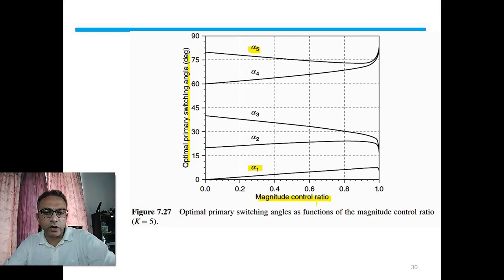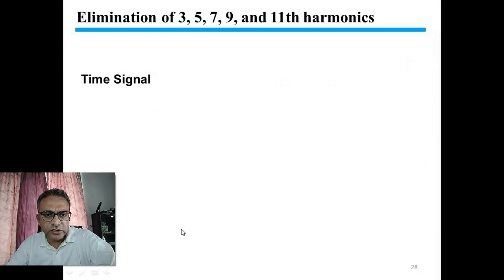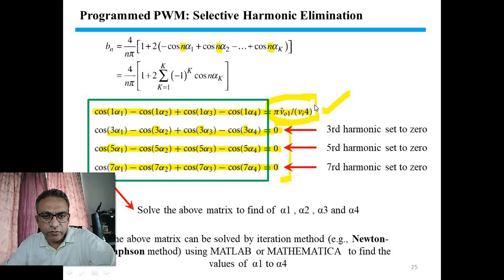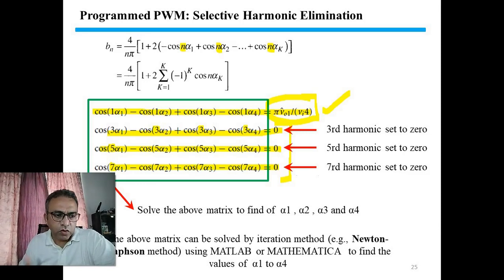How do we get the output voltage? We get output voltage by changing the value of voltage of the first component over here, and if we want to change the output voltage, we can reprogram, or we can find the values of alpha 1 to alpha 4 for various voltages from 0 to 1.